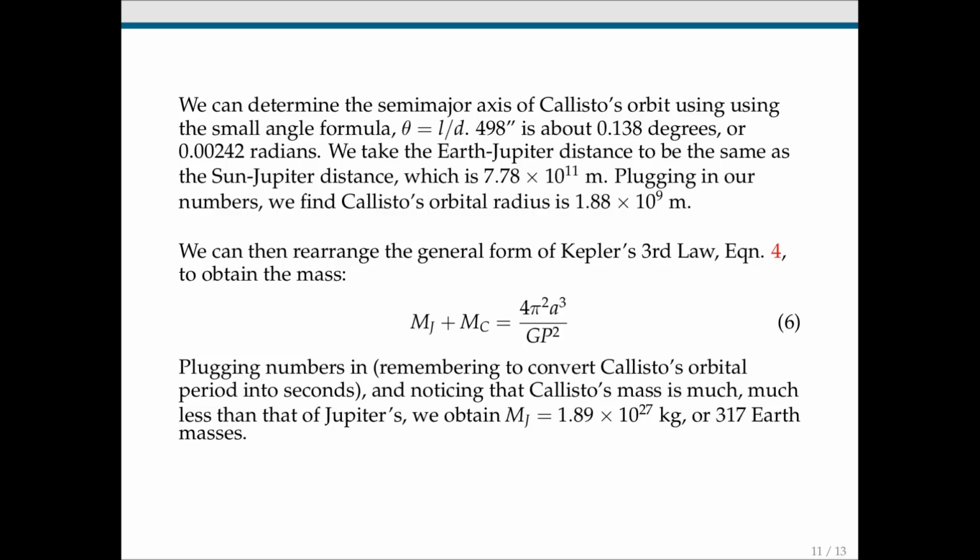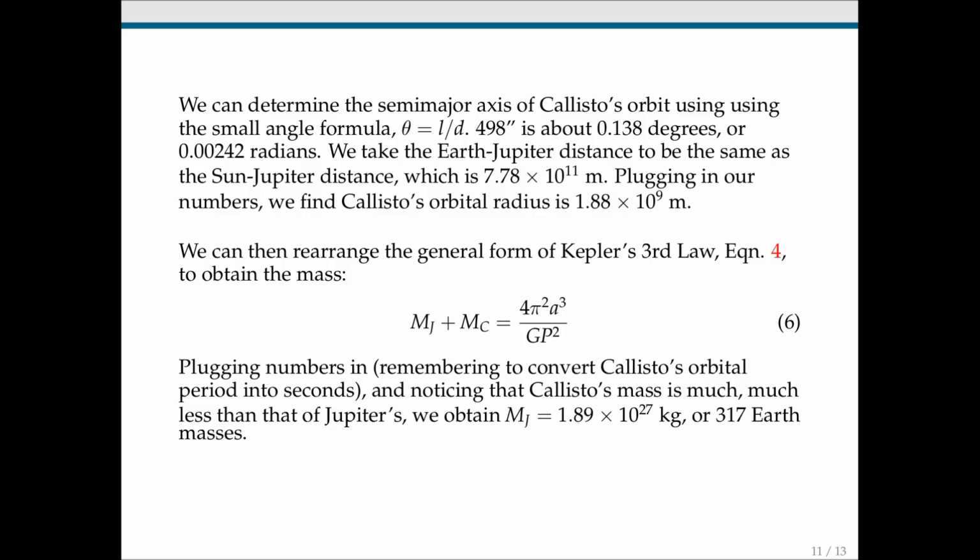That isn't entirely accurate because, depending on the geometry of the solar system, the Earth can either be closer to Jupiter than the Sun or further away from Jupiter. And so we'll just ballpark it and say it's about the same as the Sun-Jupiter distance. Plugging in all of our values into the small angle formula, we find Callisto's orbital radius to be 1.88 times 10 to the 9 meters.